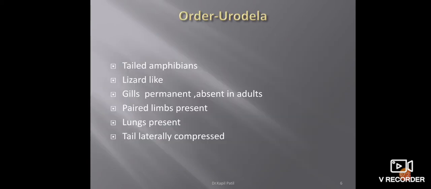Then our next order, Urodela, nothing but tailed amphibians. Tailed amphibians belong to the order Urodela. Their external features look just like a lizard, so they are lizard-like animals. A well-known example is the salamander. Gills are found in the larval form, but are absent in the adult form.